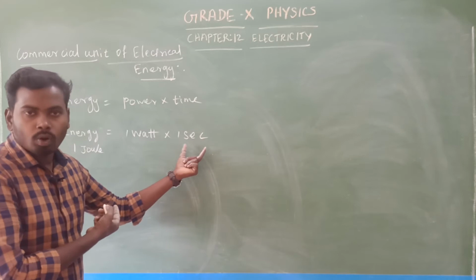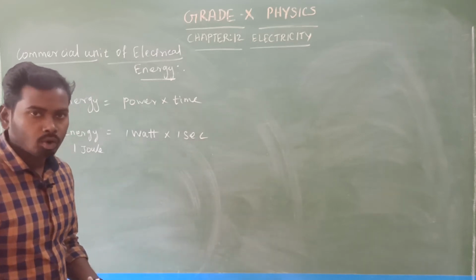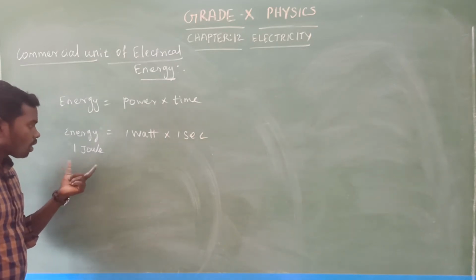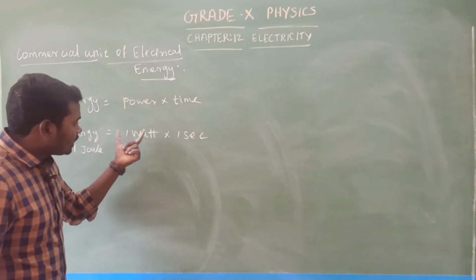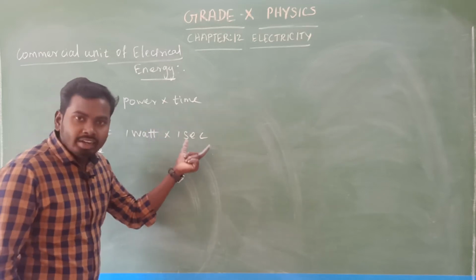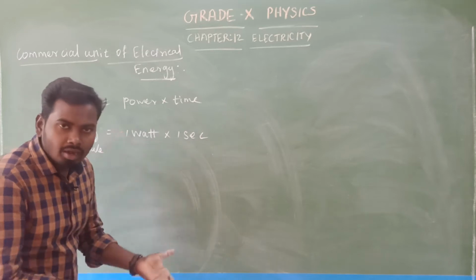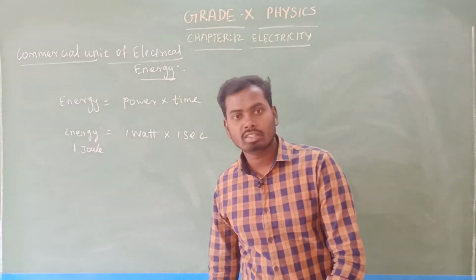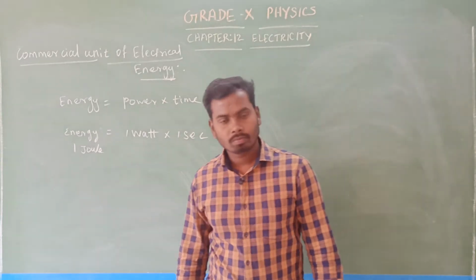That is called 1 joule of energy. Then the energy consumed by an object, which means electrical appliance, is said to be 1 joule. That's all.